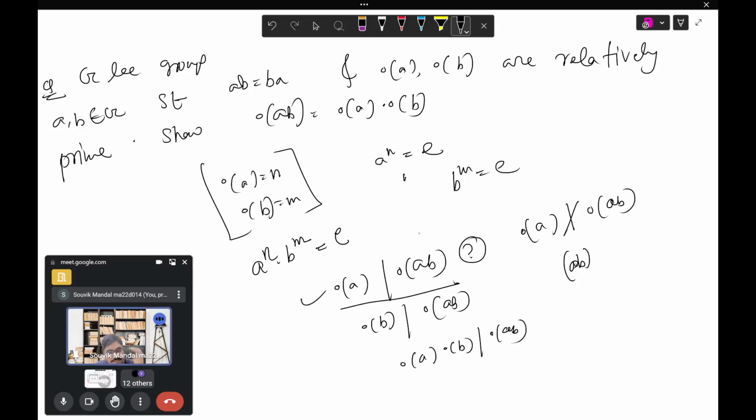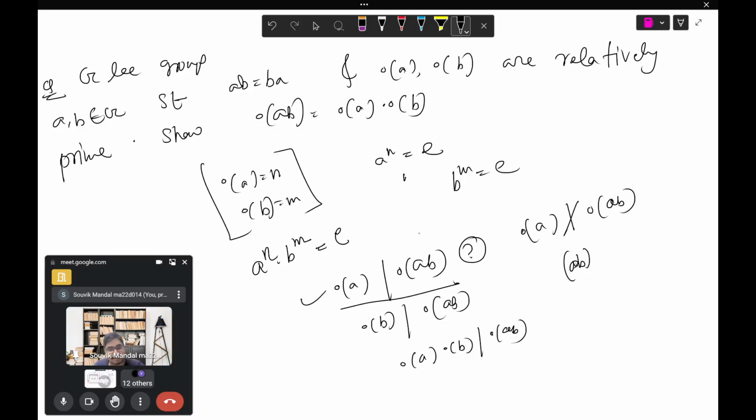You are on the right track, but make the argument clear and proper. Take the order of AB as some P. First think about the argument, then write it down. Think for some minutes. You are on the right track actually.